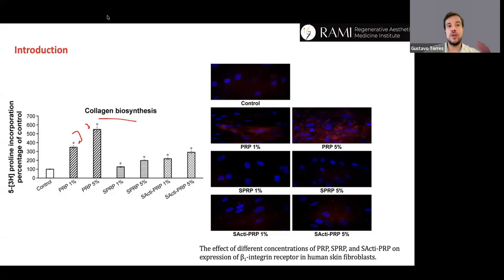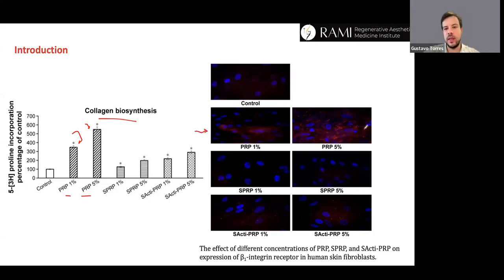As we increase the amount of PRP, we are also increasing the amount of growth factors that lead these cells to proliferate, and obviously will lead to more protein being produced. So as you can see here, as we increase PRP from 1% to 5%, we increase the production of collagen.